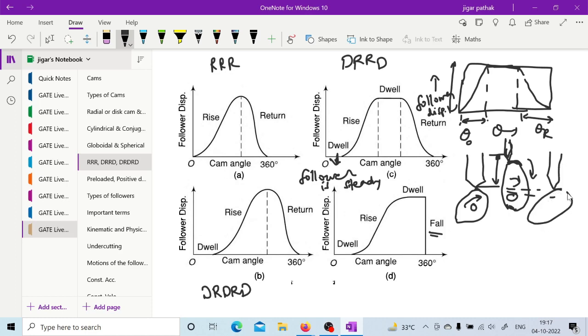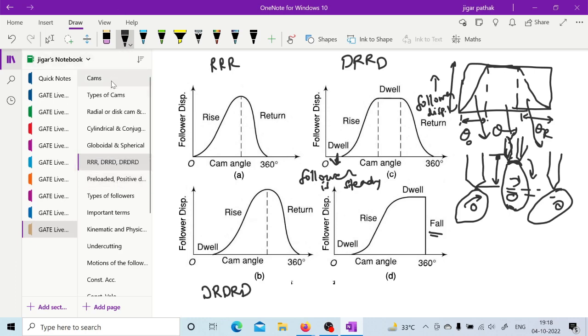Again it may return, right? So this is how this rise and this dwell work, it will remain here only for the same height, right? So this may be dwell and this may be again return because it is going back, right? So this is how you can have the follower motion in your cam and follower.